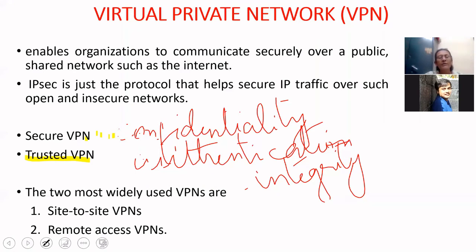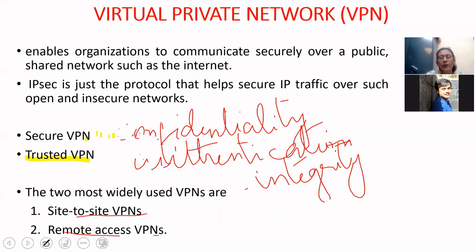Now we have two most widely used VPNs: site-to-site VPN and remote access VPN. Site-to-site VPNs are used to link multiple offices of an organization, which we usually call the intranet.